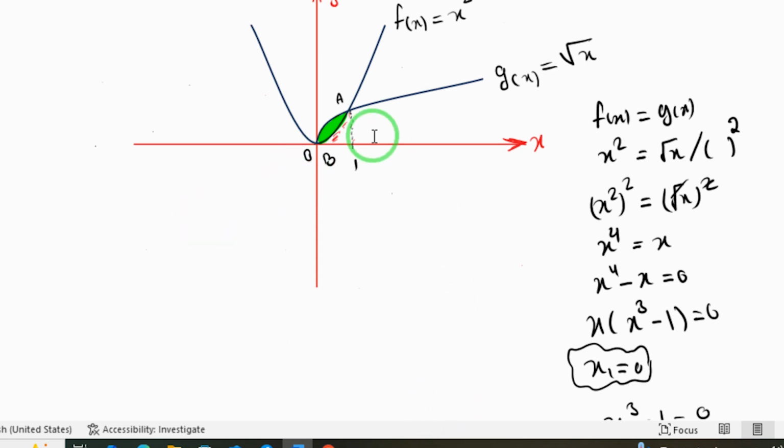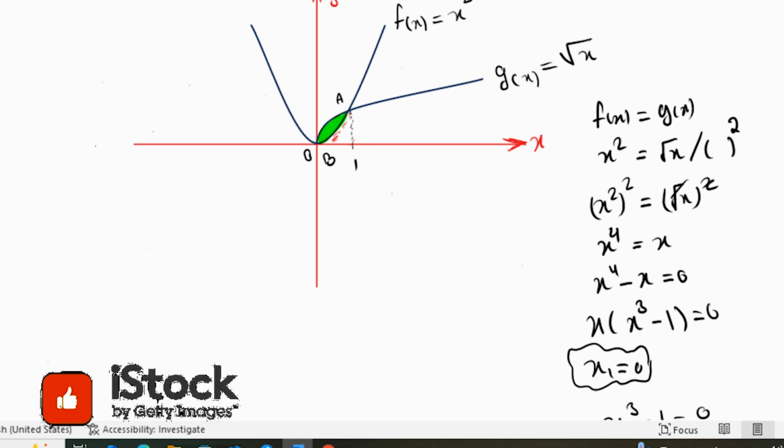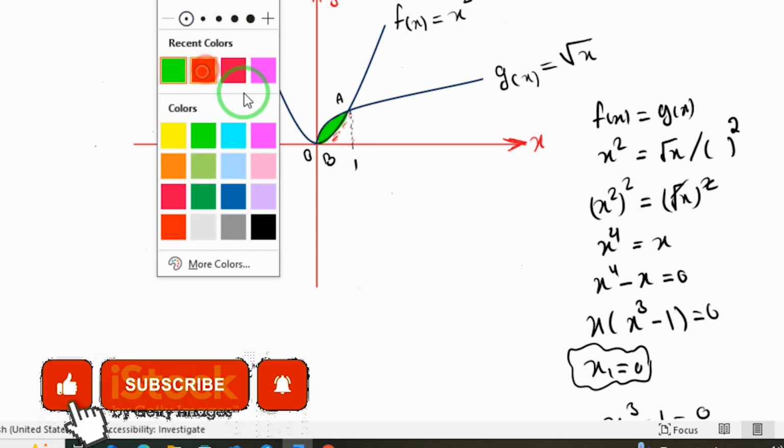Then we take the integration and subtract the area of f(x) from g(x), because a definite integral gives the area between the curve and the x-axis. The integral of g(x) is the total area here, and the integral of f(x) is this area that I highlighted with another color, for example orange.